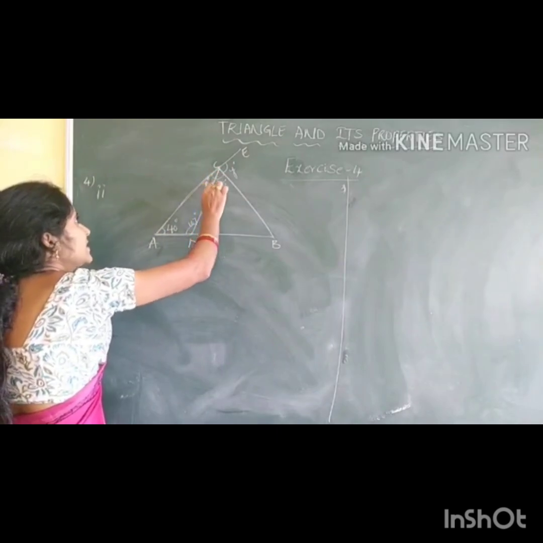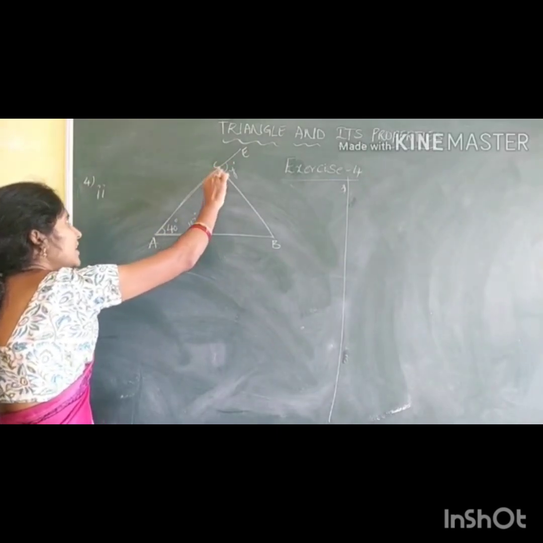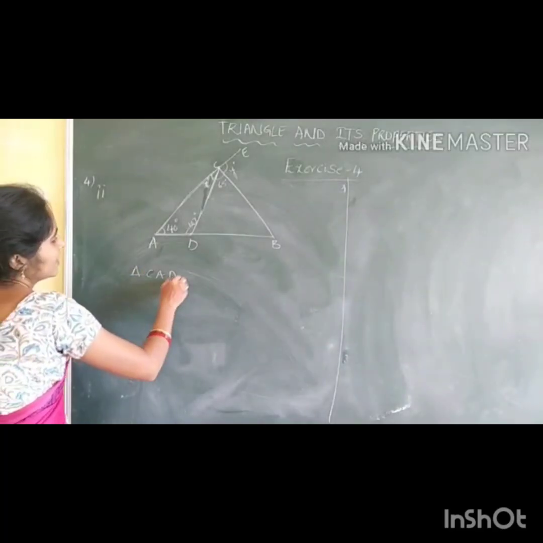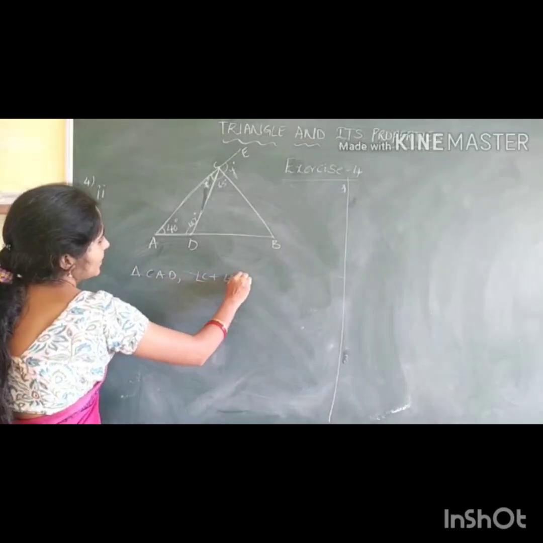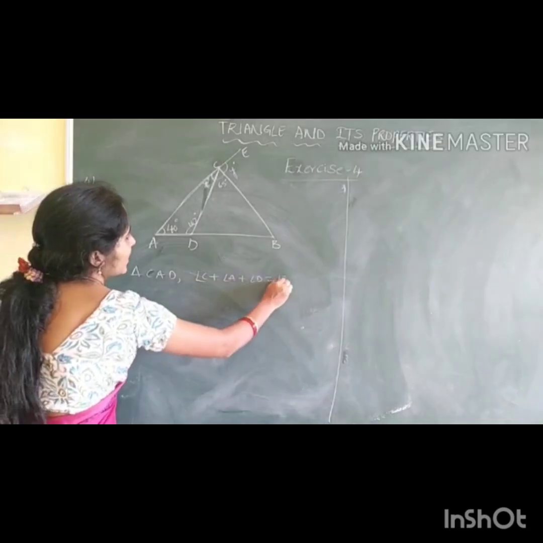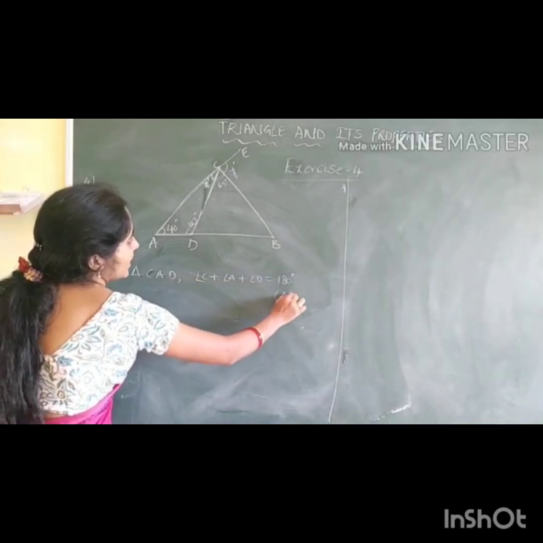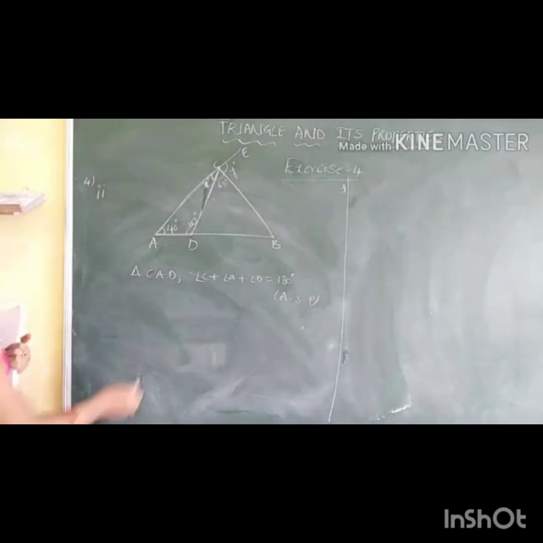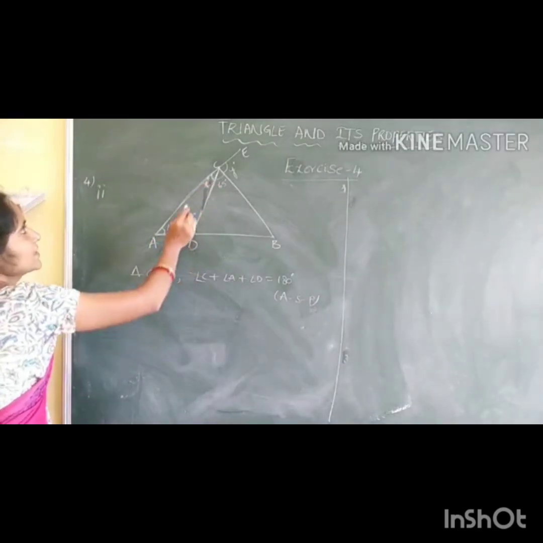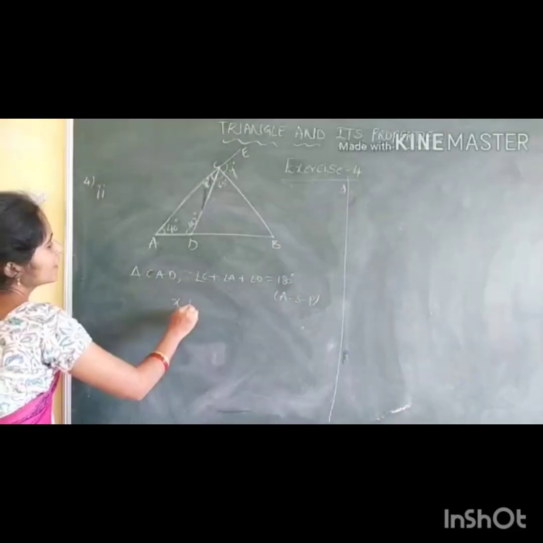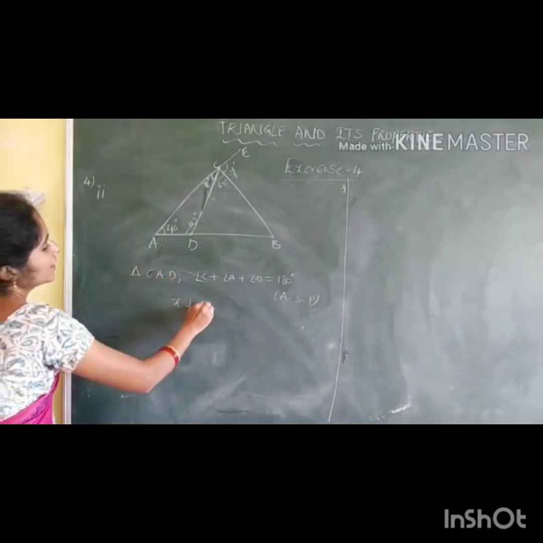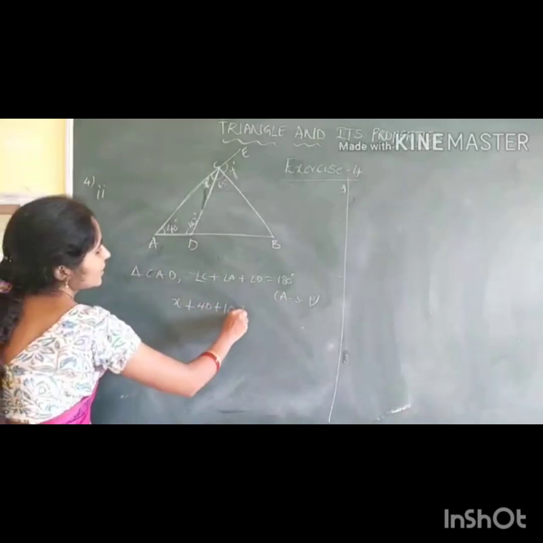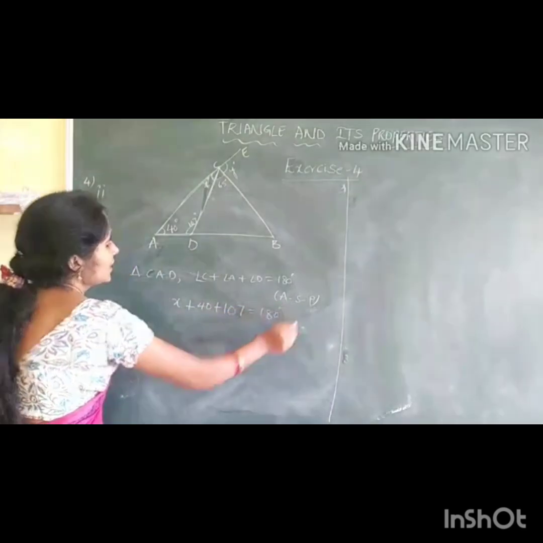In the triangle CAD, the sum of all angles in the triangle is 180 degrees. Angle C plus angle A plus angle D is equal to 180 degrees, using the angle sum property. Now angle C is x, angle A is 40 degrees and angle D is 107, equal to 180 degrees.